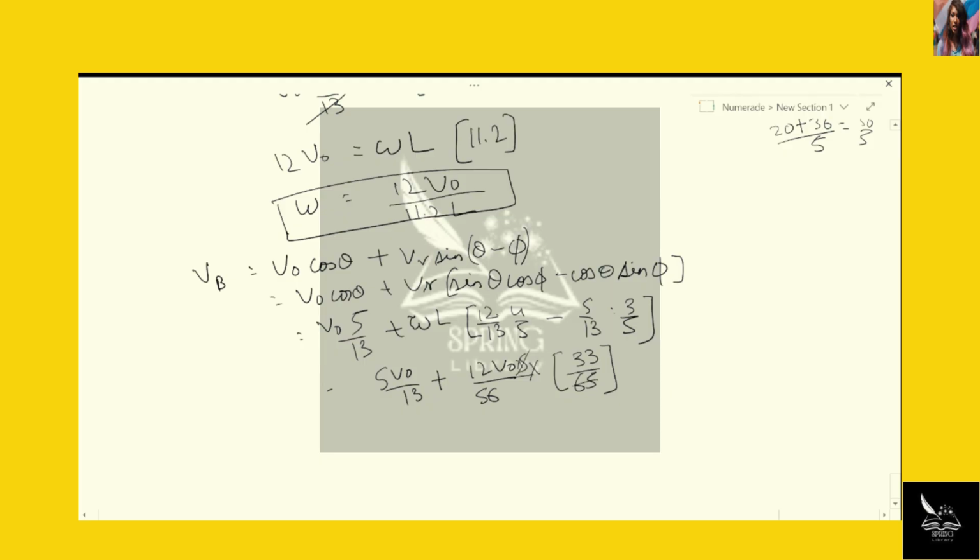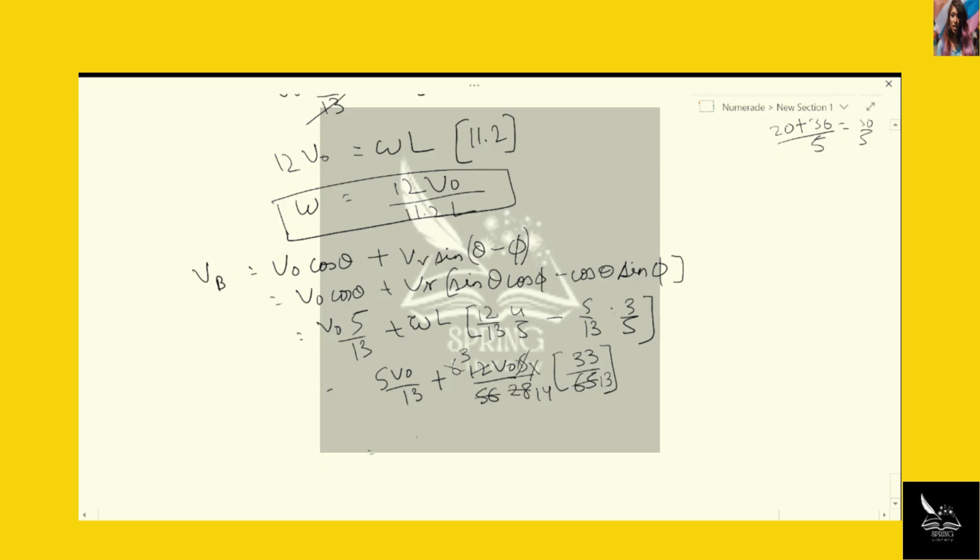So this 5 cancels this. We get 13. And anything else cancels. 2 6s are 12, 2 28s are 56, 2 4s, 2 3s are 6, 2 14s are 28.